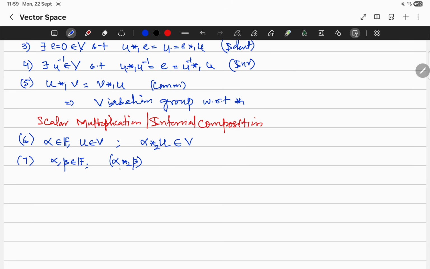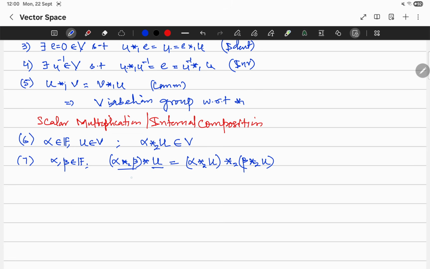So you know it's closed, so this element will be from F, and U is from V, so these are from two different sets. So we will operate the second operation, star 2. It should be alpha star 2 U, okay, and star 2 beta star 2 U. Okay, clear?